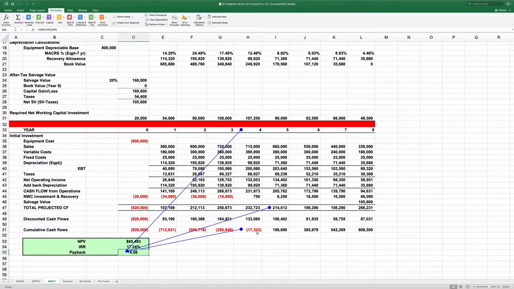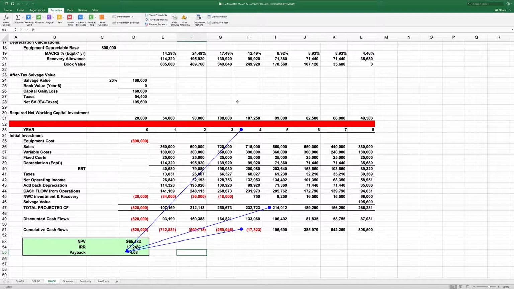Using that number divided by I47, which is the total cash flow for the next period, year 5, you have a fraction of 0.08. Add them together, 4.08.